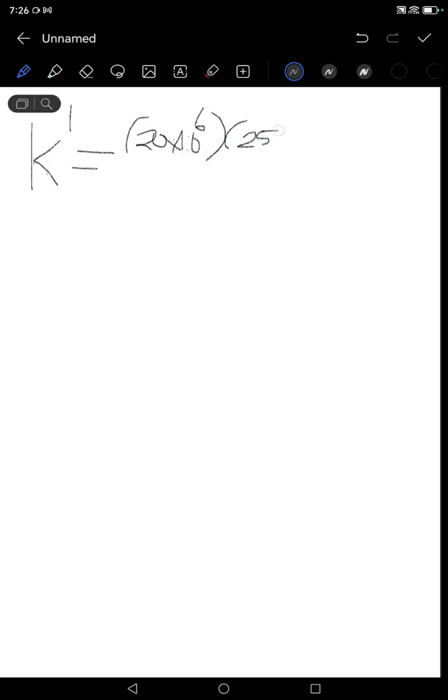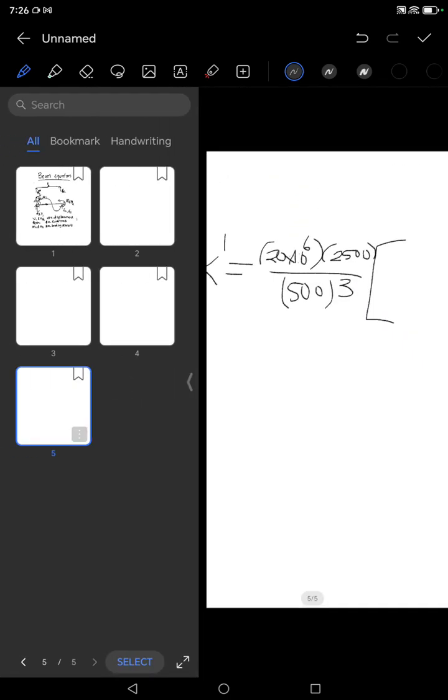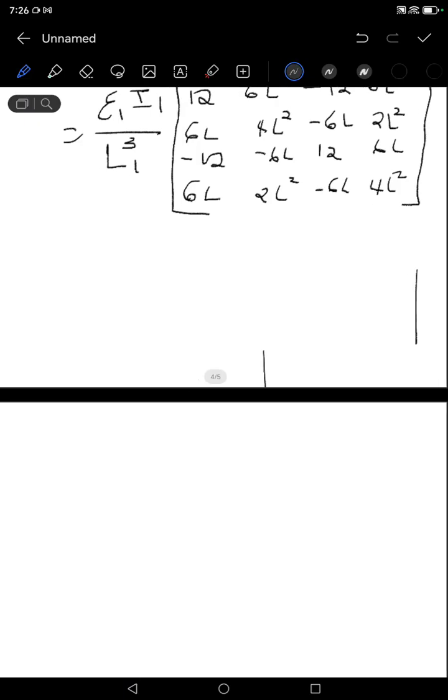So now K for the first element, K to the power of 1, equals E, which is 20 multiplied by 10 to the power of 6, and then I is 2.5, all over 500 to the power of 3, into, so we're going to substitute the values of L here.